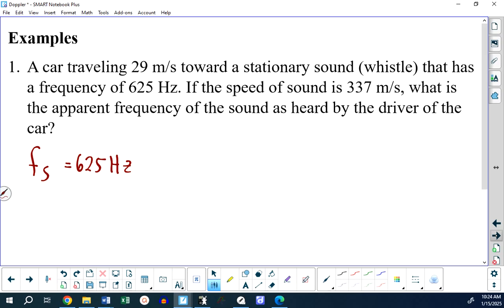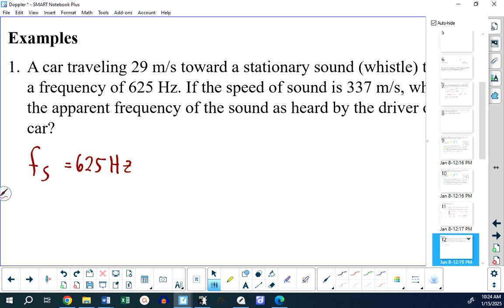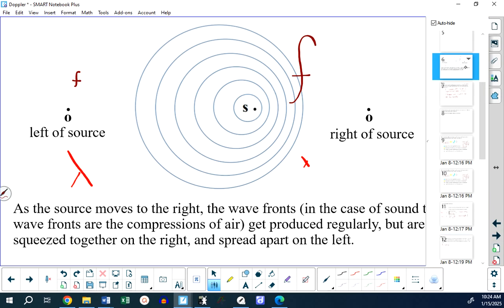It's the observer that's moving this time. Read this question carefully. A car is traveling towards the sound. What will you hear in the car? So if I go back to this, it's the source that's stationary and the observer is moving towards it. It's different.